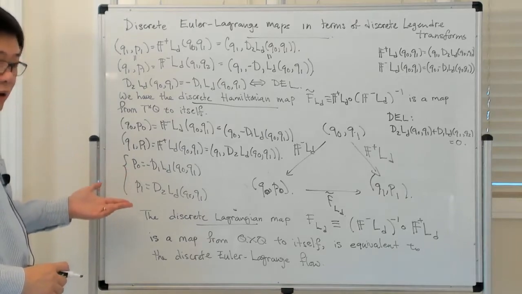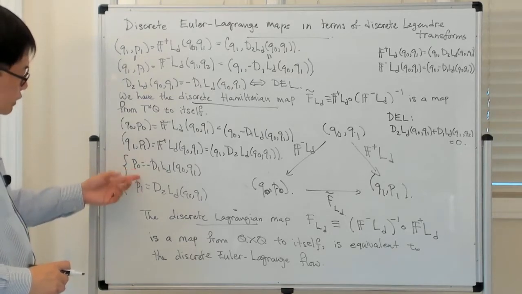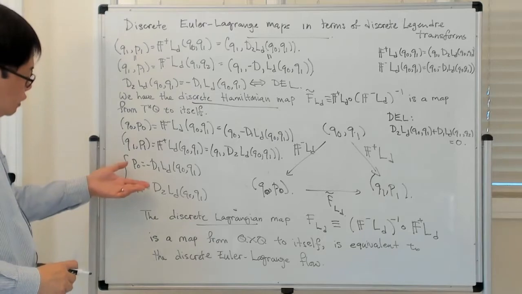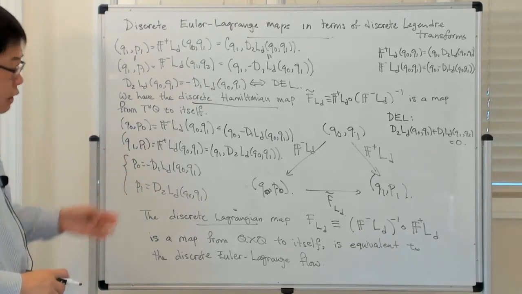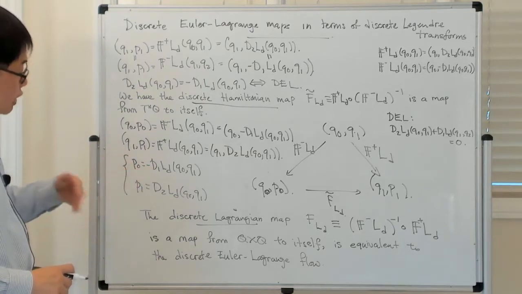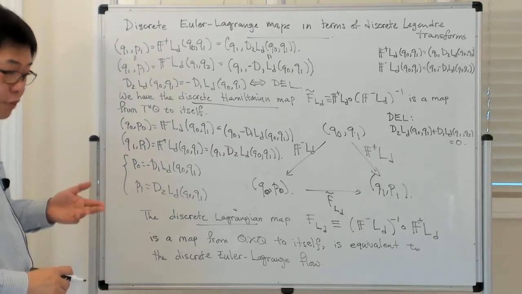And if you know something about Hamiltonian mechanics, then you'll realize that this is the characterization of a symplectic map in terms of what is known as a type 1 generating function.